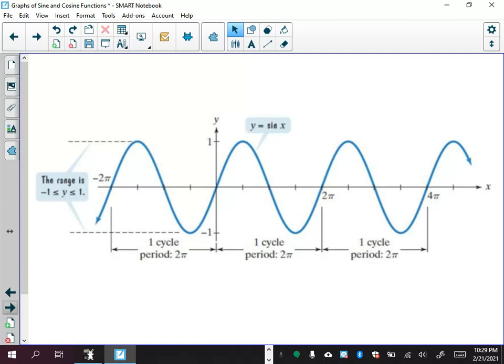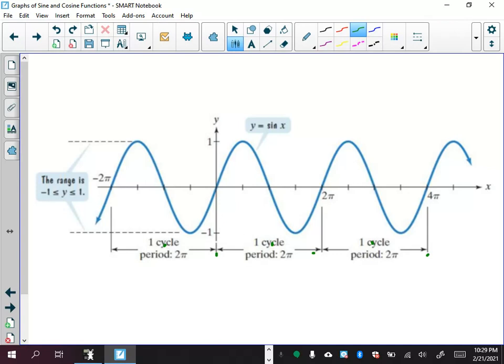So even though it says from here to here, I've gone 2 pi. That's one cycle. When I go from here to here, this is also 2 pi. And then from here to here, this is also 2 pi. But when we talk about it, this is showing 3 full cycles right here.